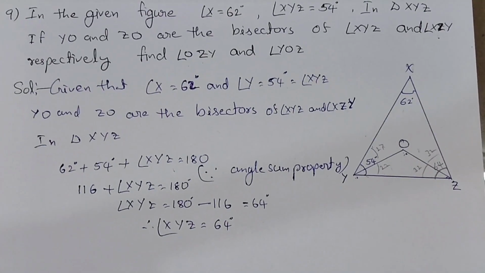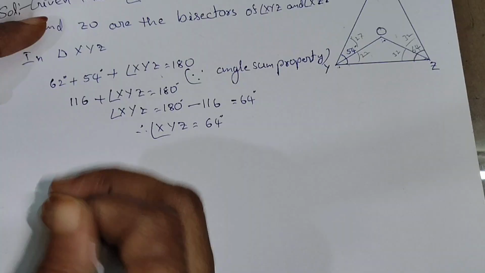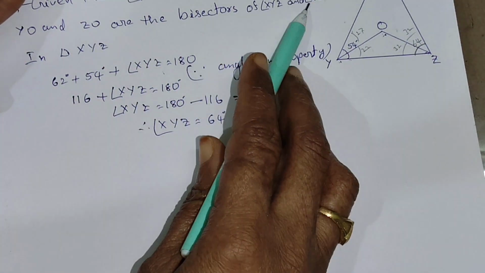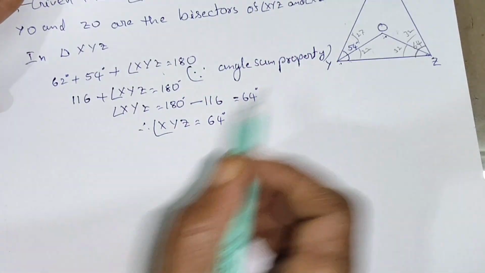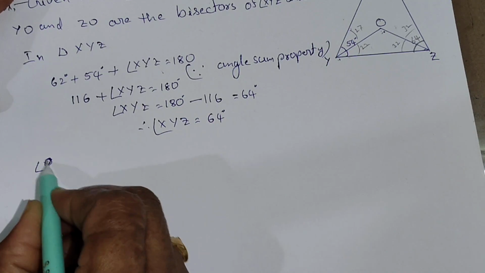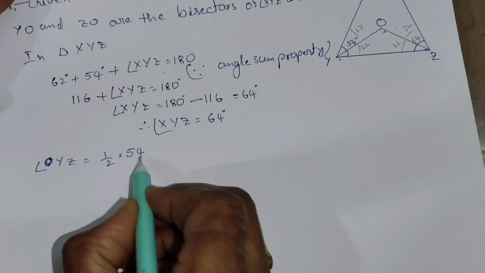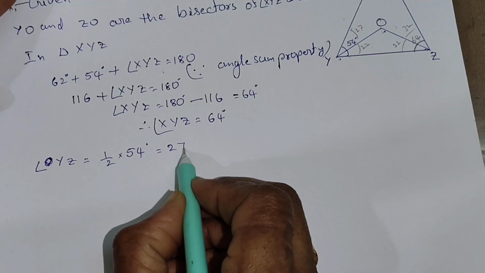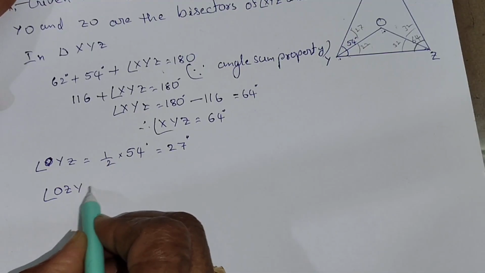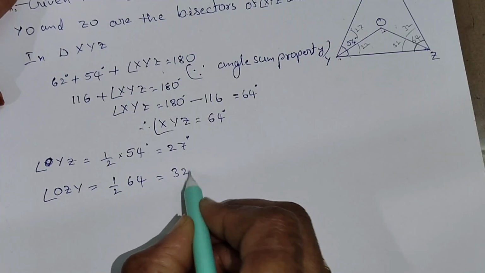So OY and OZ bisect angles XYZ and XZY. Angle OYZ is equal to 1 by 2 into 54, which is 27 degrees. Next, angle OZY is equal to 1 by 2 into 64, which is 32 degrees.